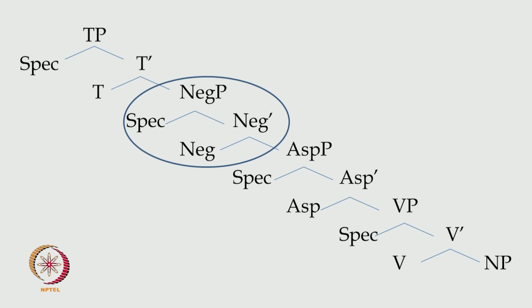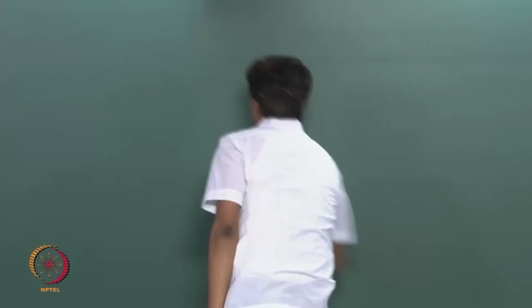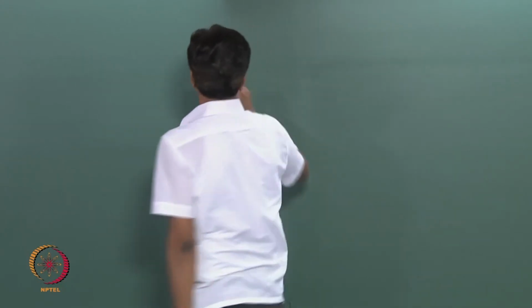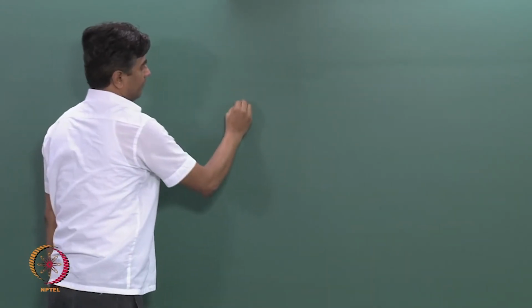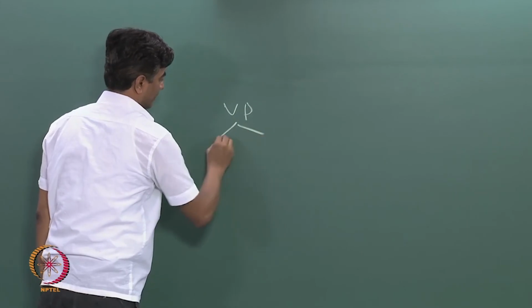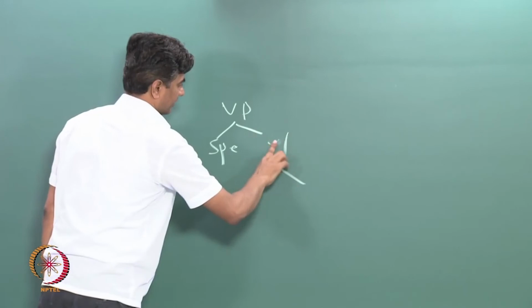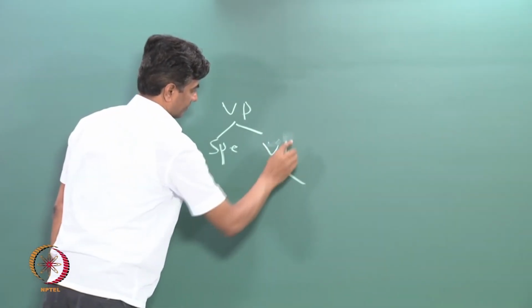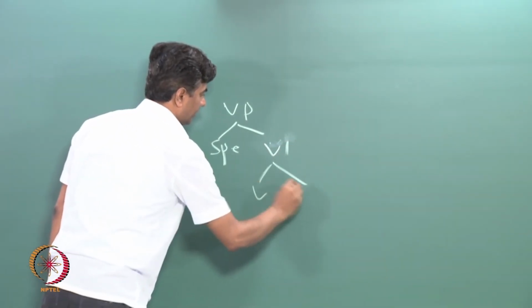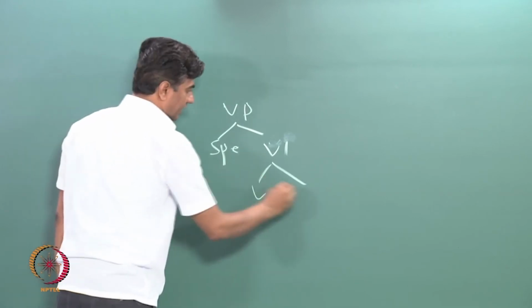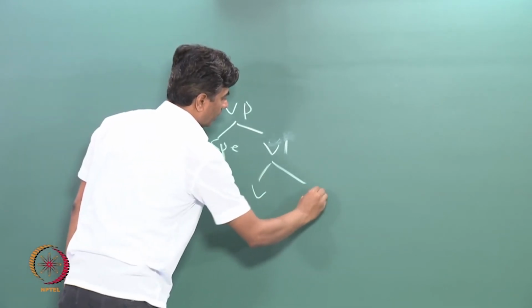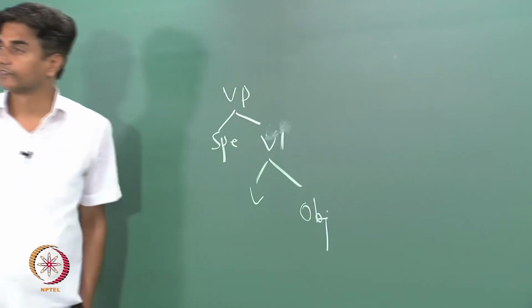Can you see this from this structure? If we have a VP, V bar, V, if you have the subject here and object here, right?